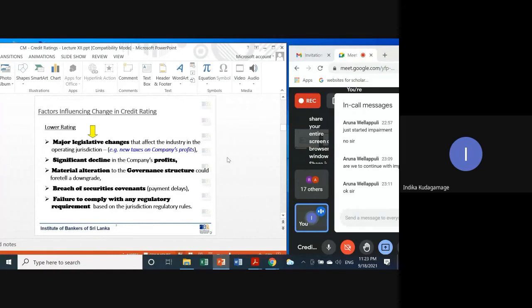Whereas if you have legislative changes, significant decline in profits, material alteration to governance structure, breach of security covenants, failure to comply with regulatory requirements, these kinds of negative things will drop your credit rating. If you are looking at tax changes which affect the companies, in general companies will be rated low.